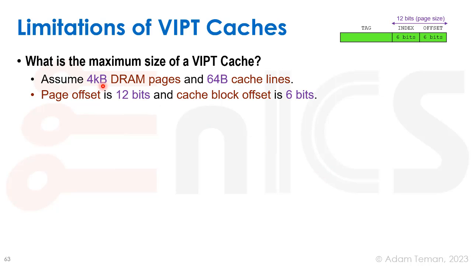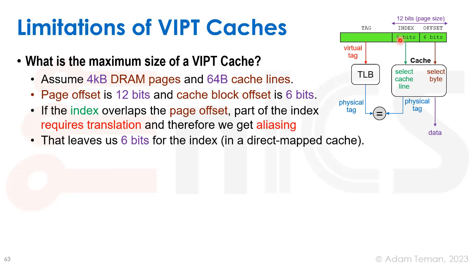So assume that we have a 4 kilobyte DRAM page and 64 bytes of cache line, which means that we have a 12-bit page offset and a 6-bit cache block offset, as we saw before. So we saw that we only actually had these 6 bits that could be used for the translation. If we used an additional bit, then it already would have to go through translation to physical tag in order to access the cache. That would cause aliasing.